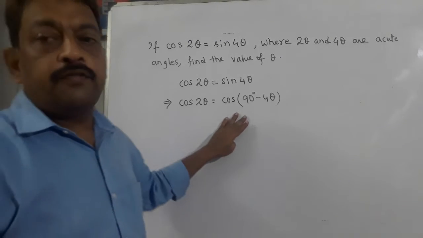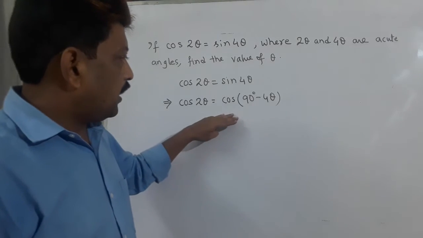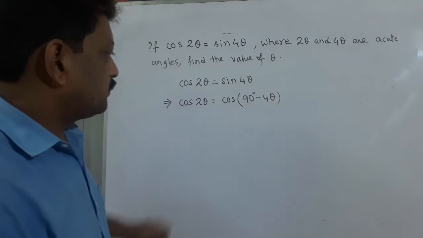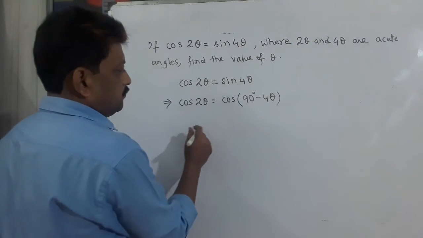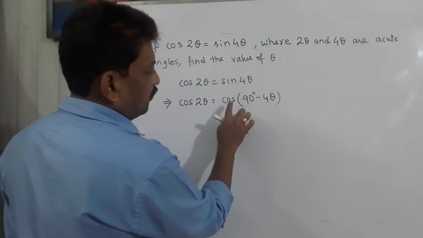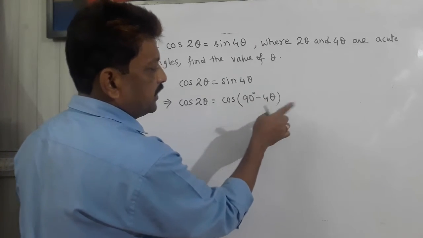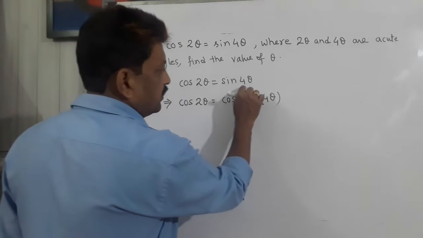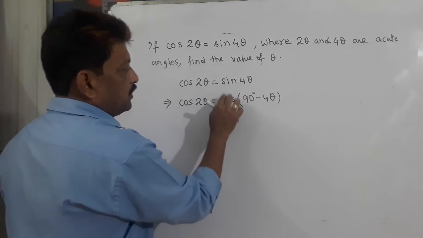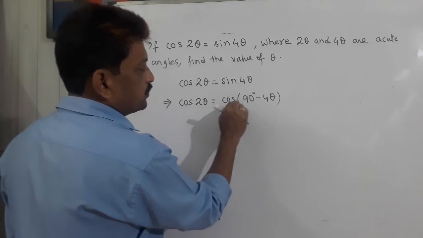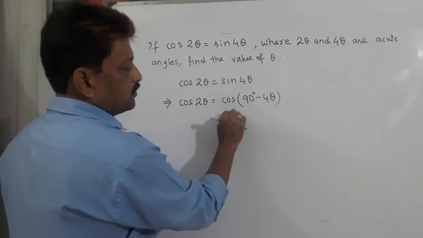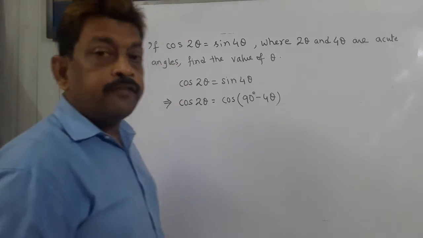These are the formulas for complementary angles and for acute angles. As you know, cos (90 degrees minus theta) equals sin theta. So since here it is 4 theta, sin 4 theta becomes cos (90 minus 4 theta).